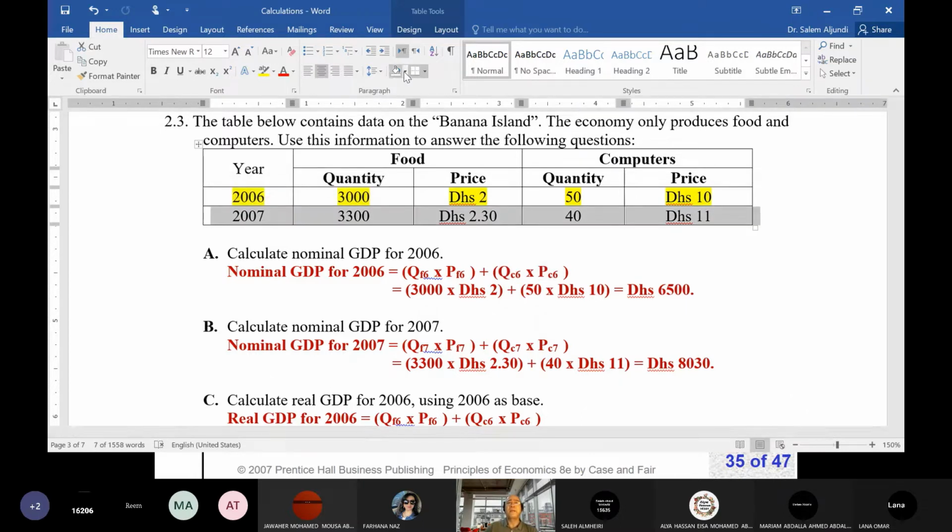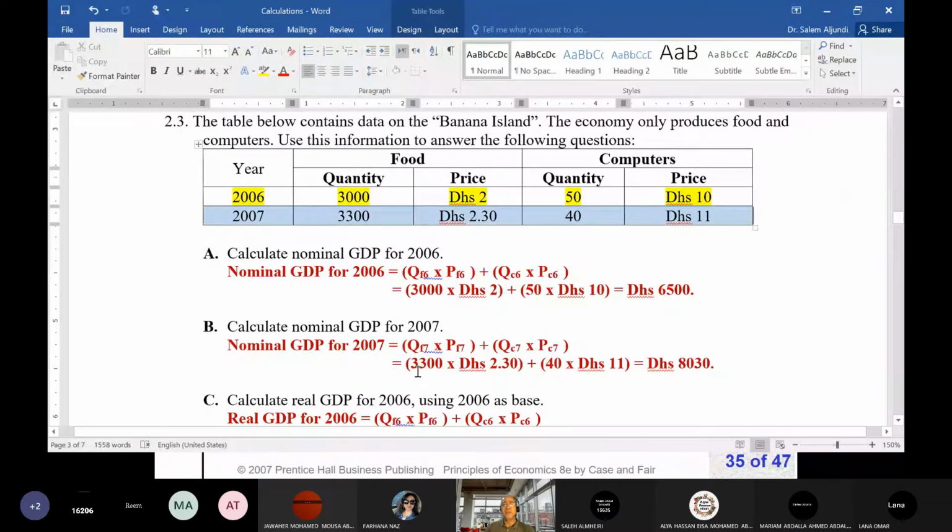In the same manner, we calculate nominal GDP in 2007. Go to the row of 2007. So what is nominal GDP? Quantity of the first good, 3,300, times its price per unit, 230, plus the quantity of the second product, 40 units, times its price, 11 dirhams each.